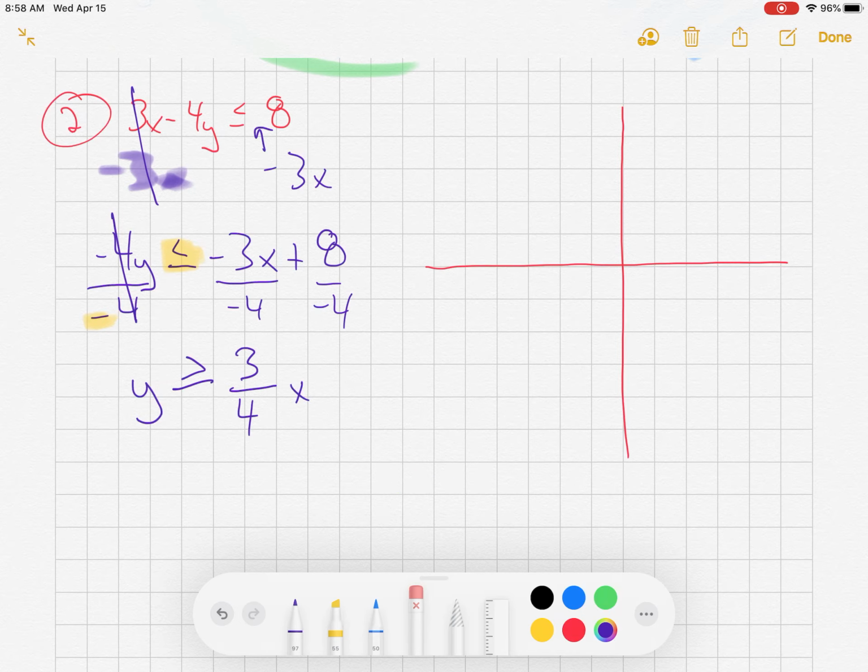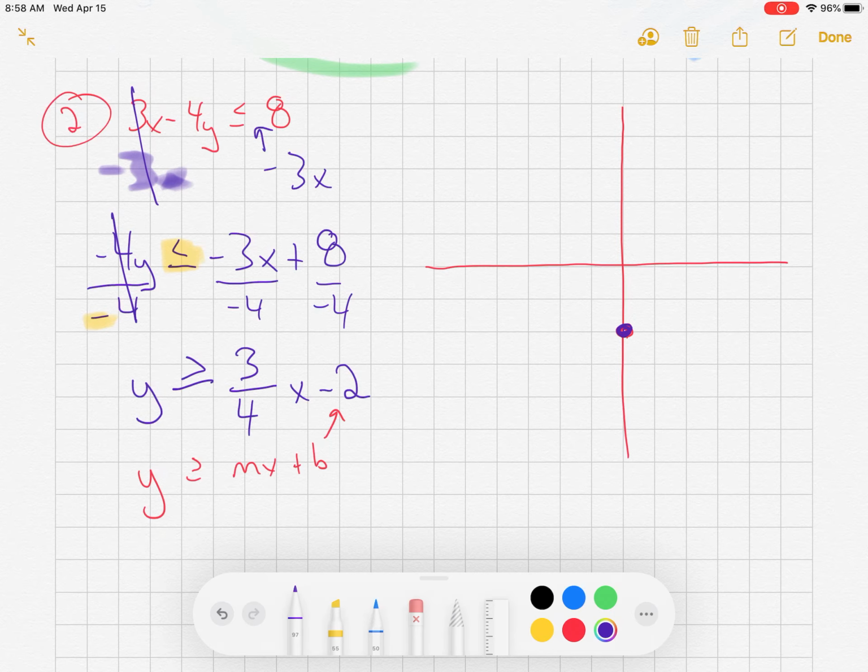That's completely okay. So now we have y is greater than or equal to 3 over 4x. 8 divided by negative 4 should give us negative 2. So again, y equals mx plus b form. The b tells us that we're going to start down 2, so I'm going to start right there.